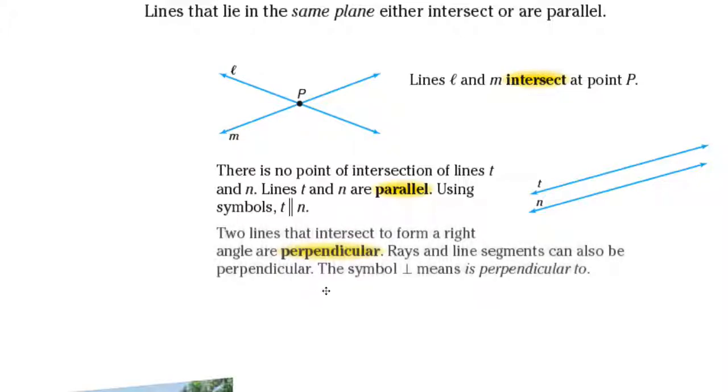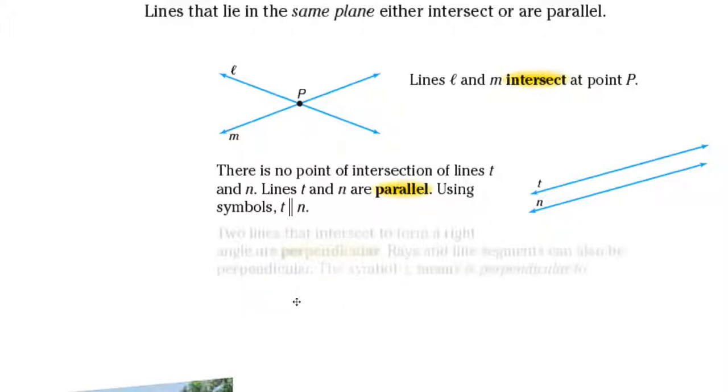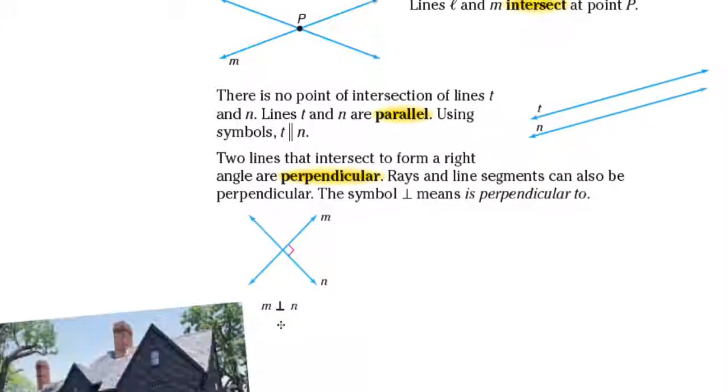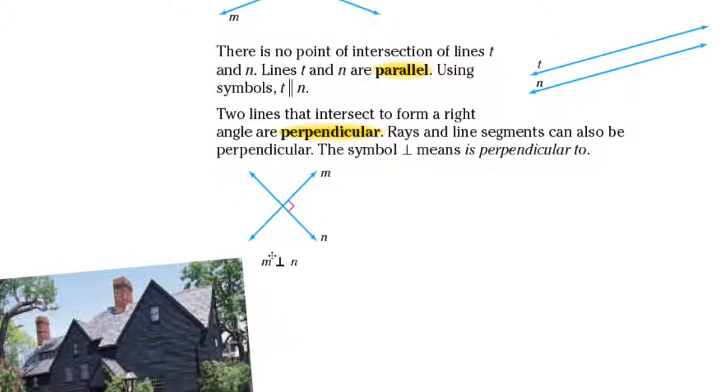Okay? Two lines that intersect to form a right angle are called perpendicular lines. Rays and segments can also be perpendicular. The symbol, an inverted T, means is perpendicular to. So when you look at these examples, M is perpendicular to line N. Why?